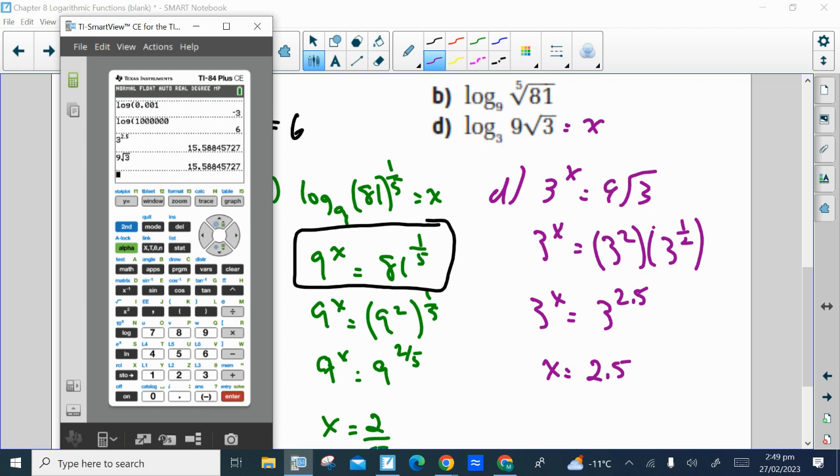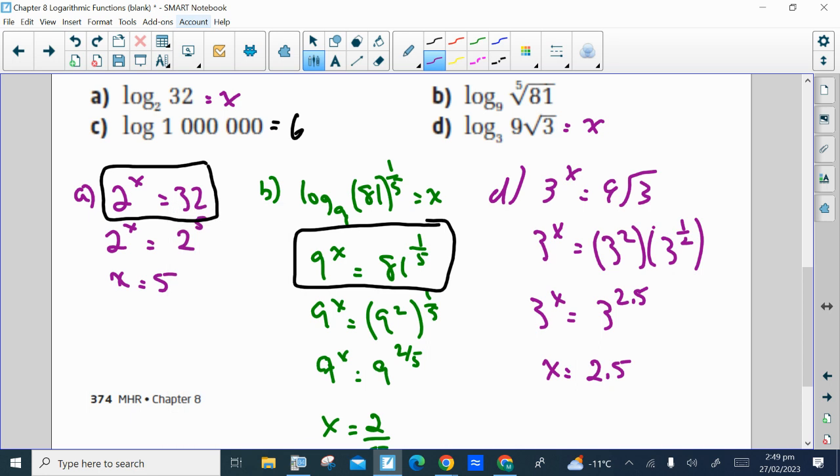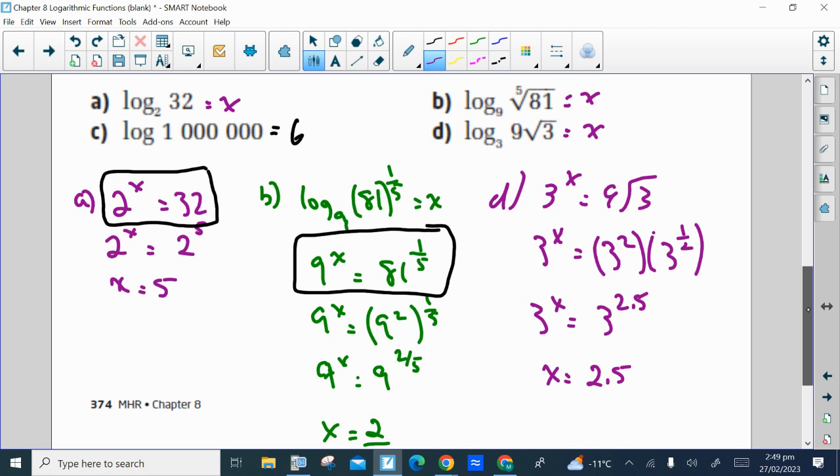There's another way you could check it. Right? If we go back to question A, this is really asking 2 to what power is 32. We found our answer to be 5. Well, that's correct. 2 to the 5th is 32. Question B, that is asking 9 to what power is the 5th root of 81. We found our answer to be 2/5.